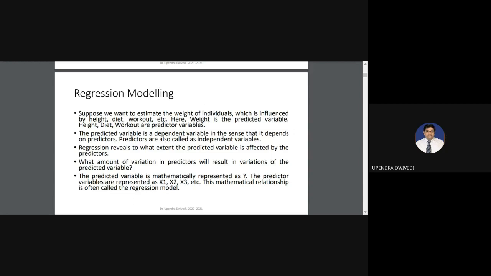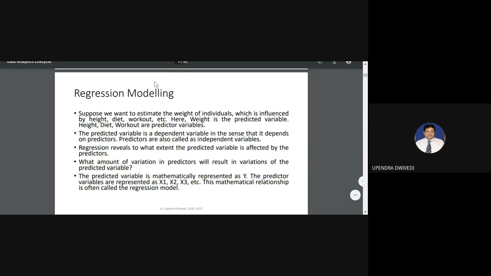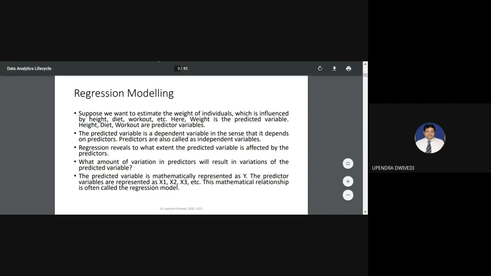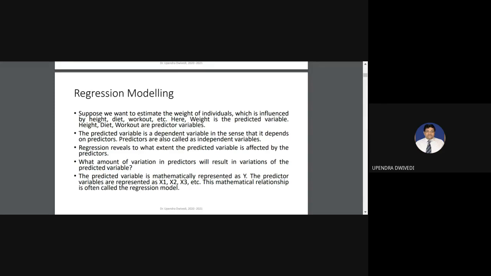So we defined weight as the predicted variable, and all other variables responsible for it are called predictor variables. Here height, diet, and workout are the predictors. The predicted variable is a dependent variable, and predictor variables are called independent variables.